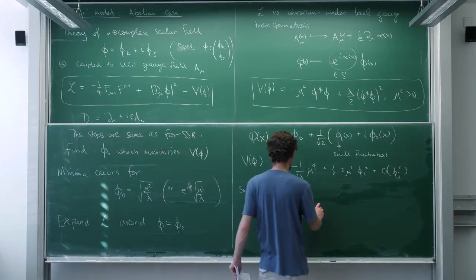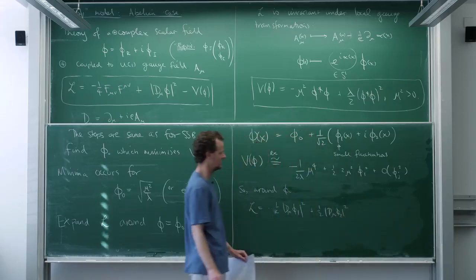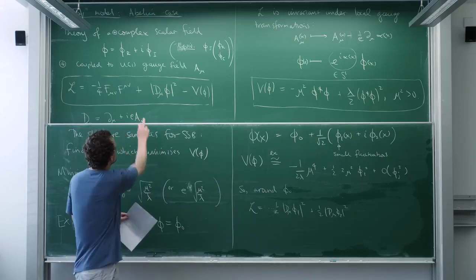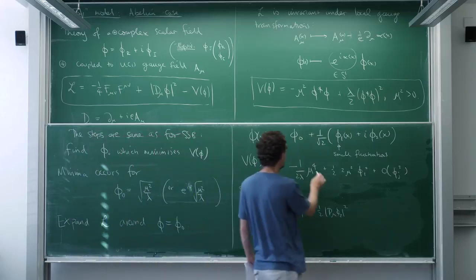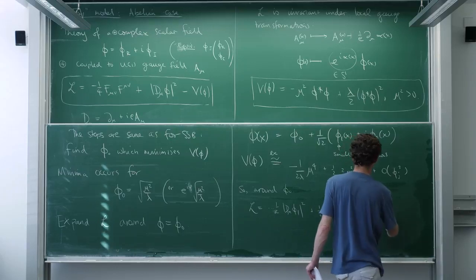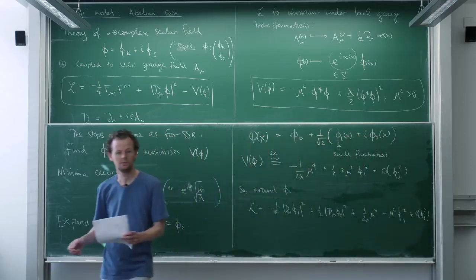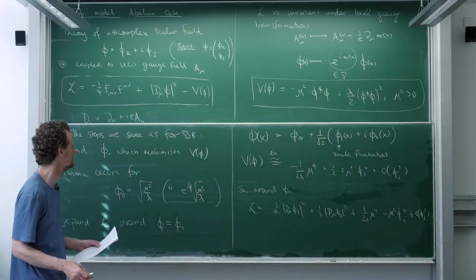We get some phi 2 stuff. Okay, so far so nothing. And then what else do we have? We have the potential, so we have to subtract this off. And that's where we start to learn interesting stuff right here.